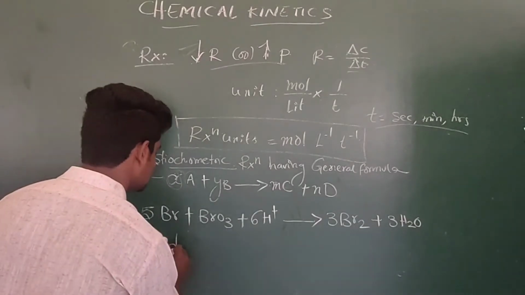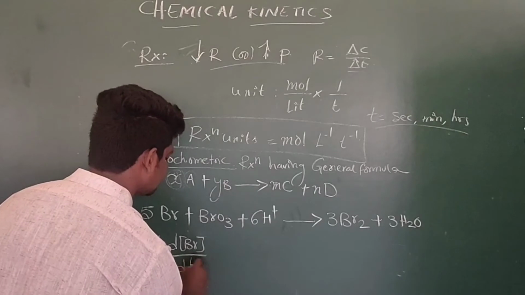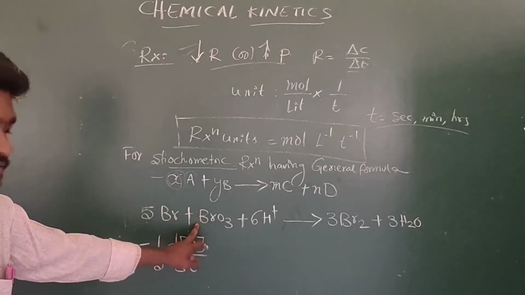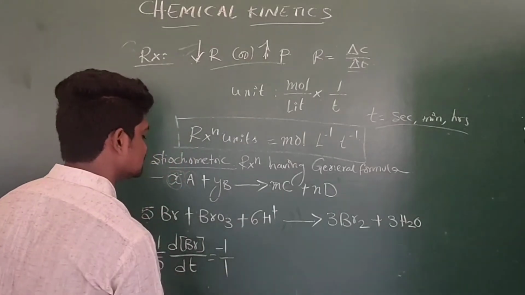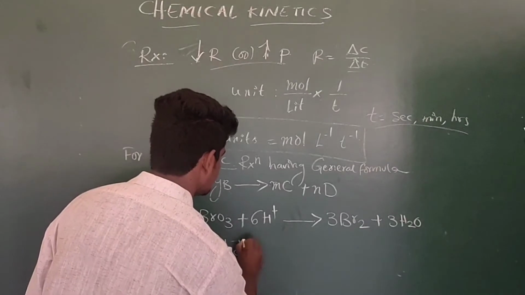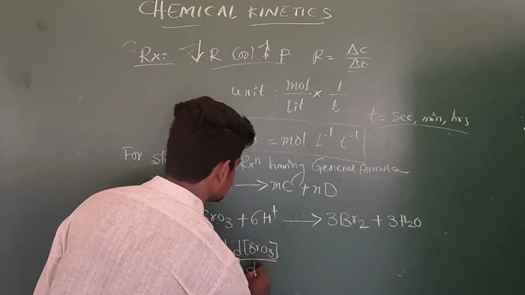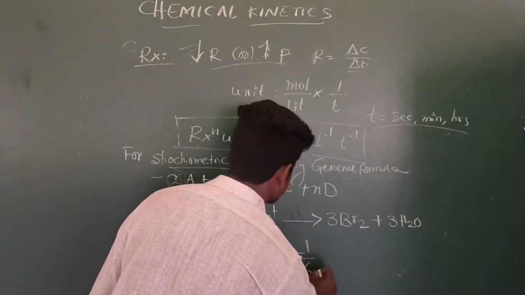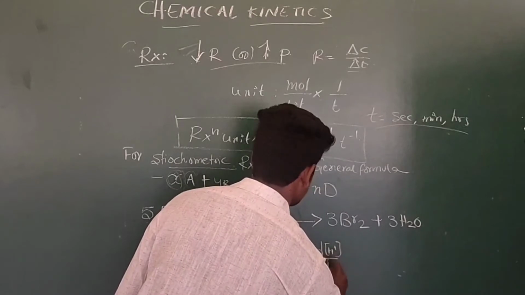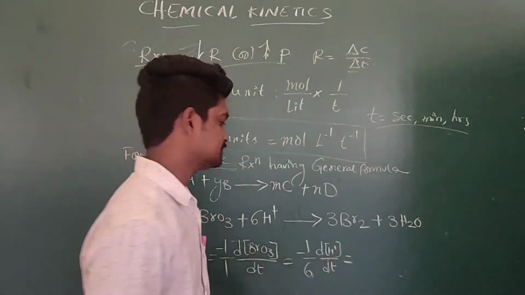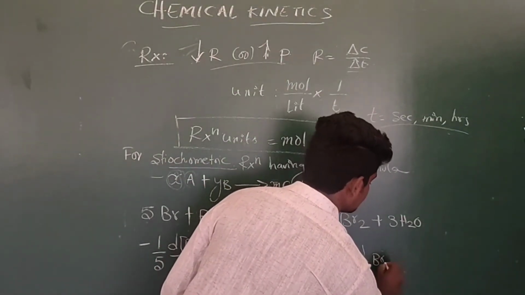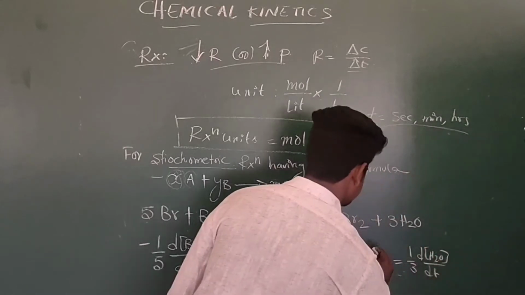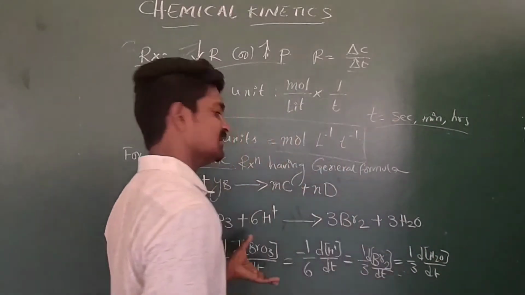For BrO3⁻ there is no coefficient, so we assume 1, so minus 1 by 1. For 6H⁺, also the reactant side, minus 1 by 6. Similarly, on the product side, 1 by 3 dBr2 by dt is equal to 1 by 3 dH2O by dt. Here is the equation. Note it down.